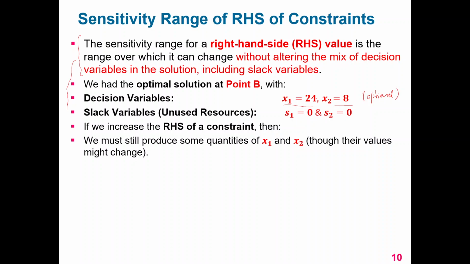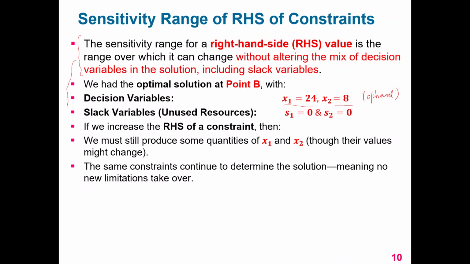But there must be some values of x1 and x2 in it. So that means the solution mix should be the same. The same decision variables should exist when the right hand side of the constraint is changed.